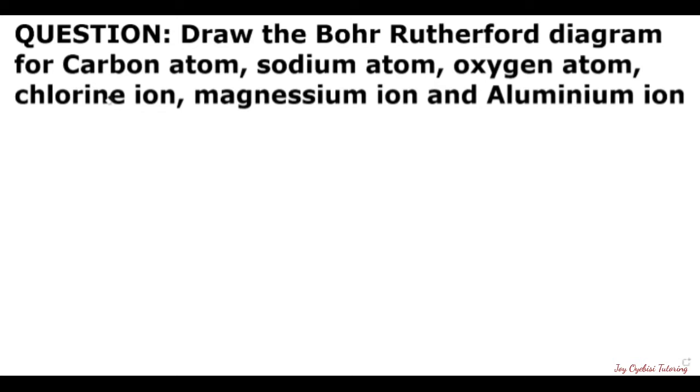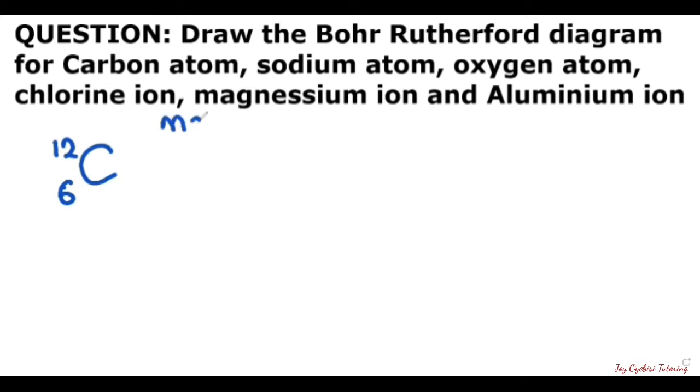The first thing we do is to draw out the atomic notation for carbon. Carbon is represented by C, the elemental symbol, and here you have the mass number, which is 12, and the atomic number is 6. Now, what we do is to write them out.